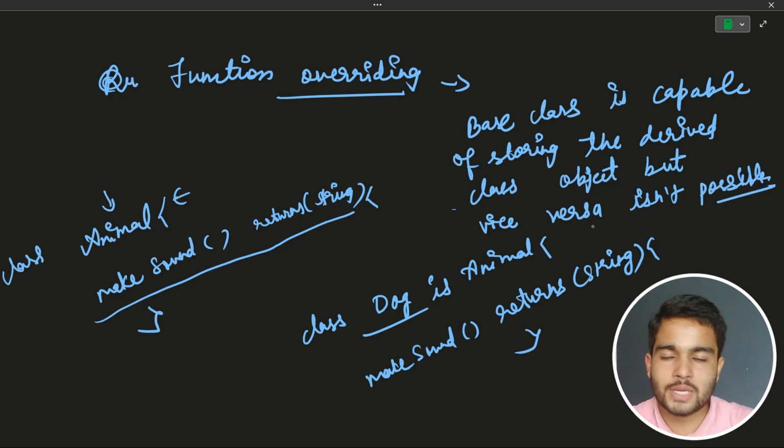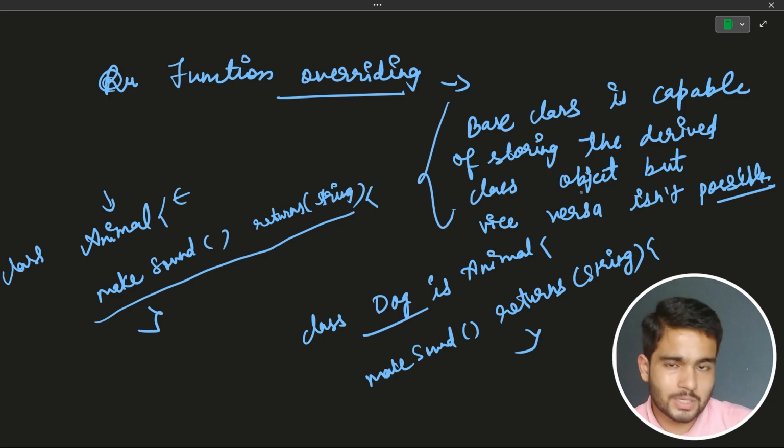Like if you have created an object of a derived class, and you want to assign the object of the base class to the derived class object, then it is not possible. So mark this and note it down if you want. This is a very important thing, and function overriding plays around this.